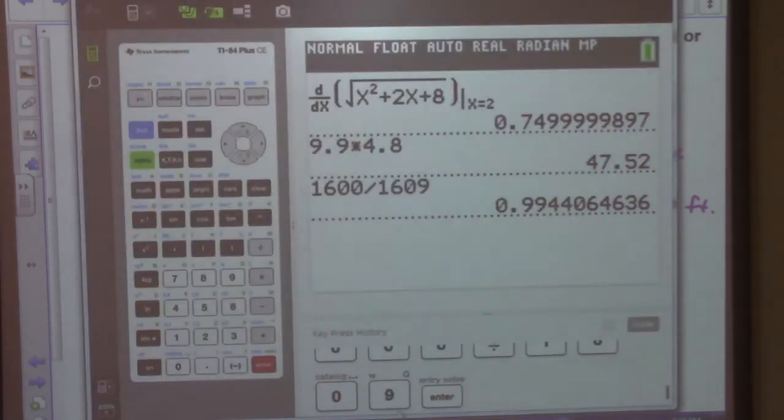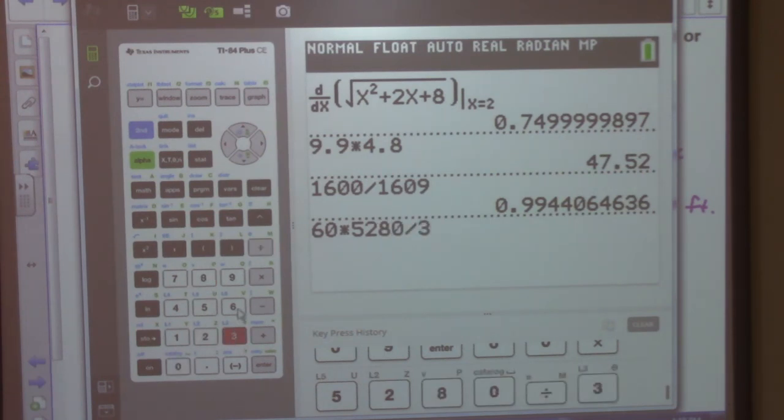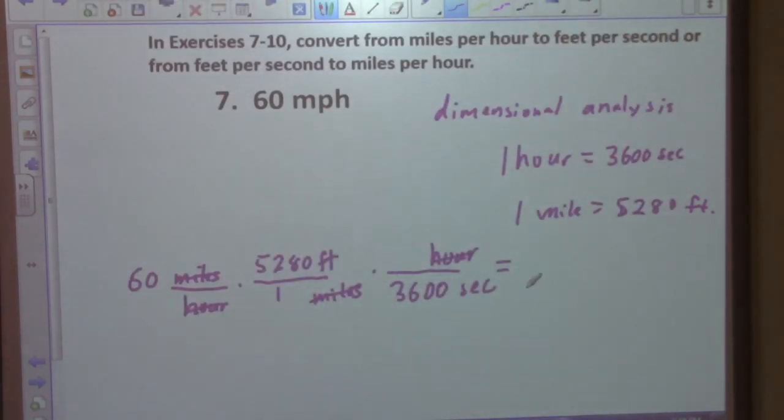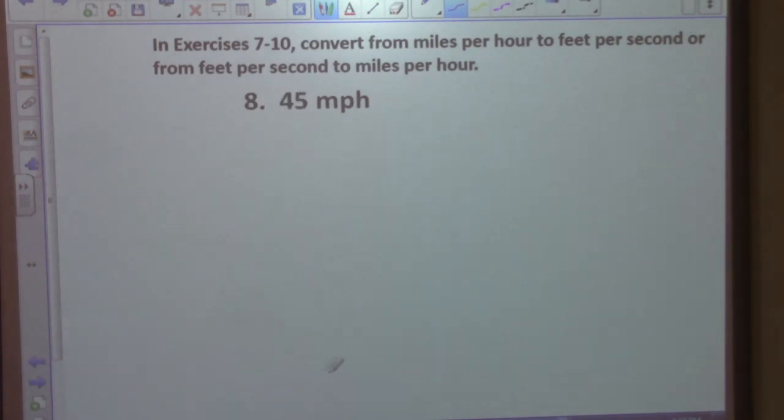So 60 times 5280 divided by 3,600. So 88 feet per second. Okay, so that's it. I want you to go ahead and do number 8.